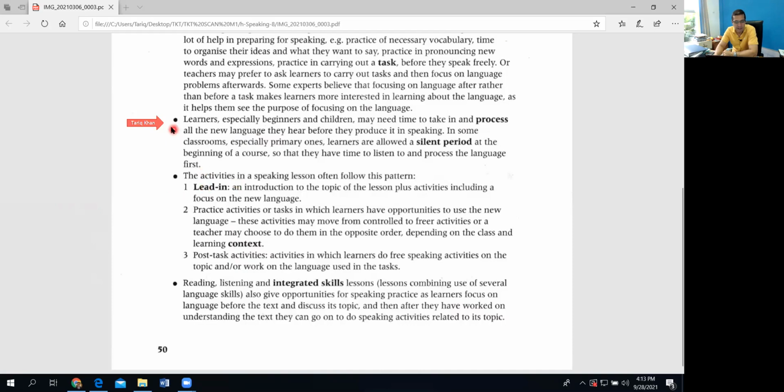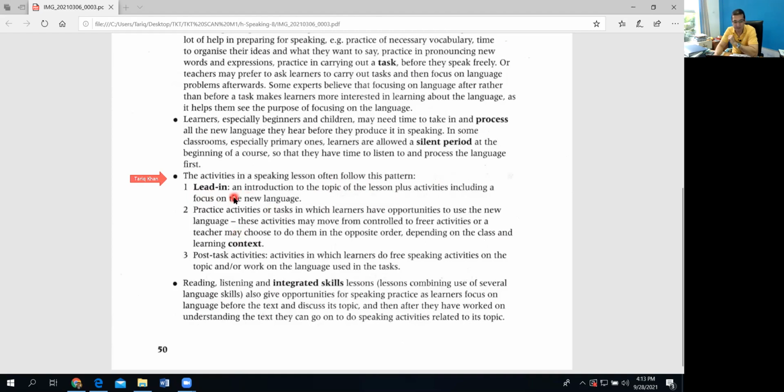Next one is the activities in a speaking lesson often follow this pattern. Now, how do we do the activities? Lead in. You need to know what lead-in activities are. Check in the glossary, definition. Lead-in activities will be there, warmers will be there, and icebreakers will be there.